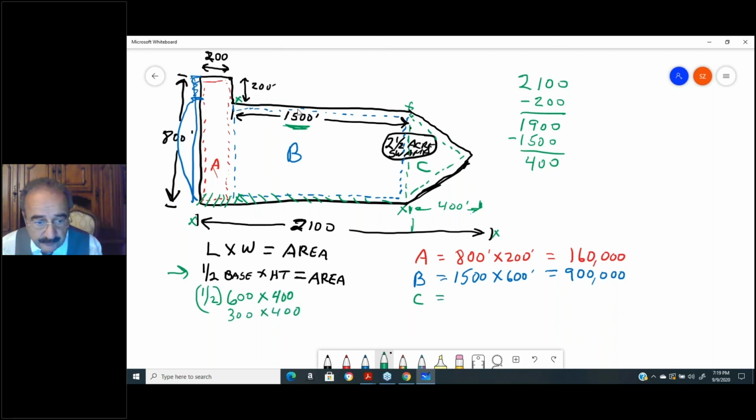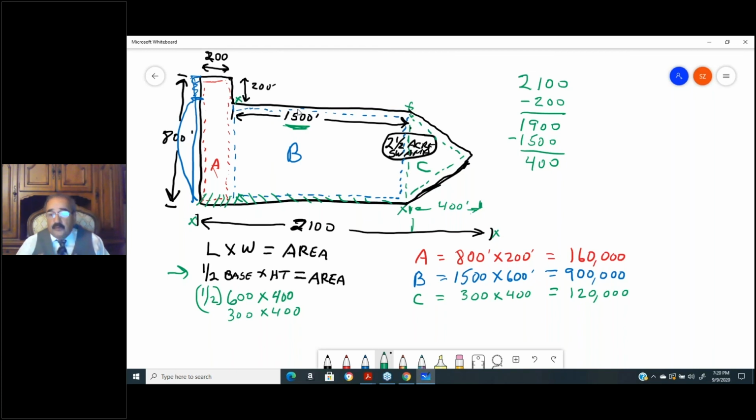So C is 300 feet by 400 feet, which equals 120,000 square feet.